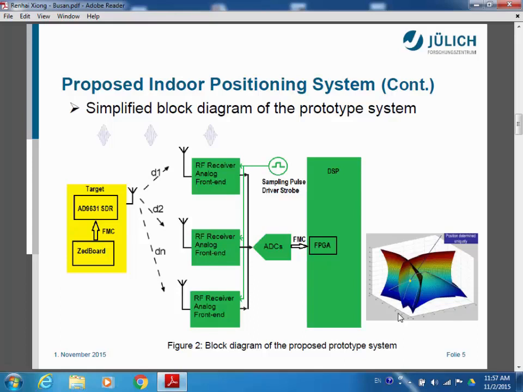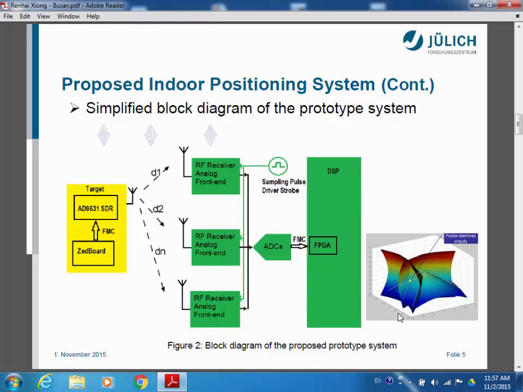The signal pattern we are sending is a pulse-modulated high frequency signal, as depicted in the picture. This system is a kind of hyperbolic positioning system, and it is different from GPS.